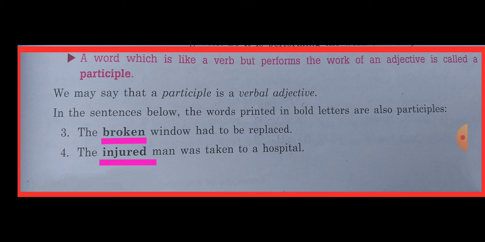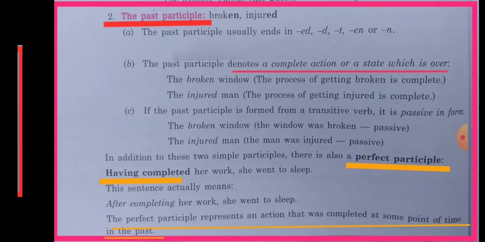It is used as an adjective in the sentence, and it is an adjective for the noun window. So here it is a verbal adjective, which is known as a participle. So we can understand it by this definition: a word which is like a verb but performs the work of an adjective is called a participle.